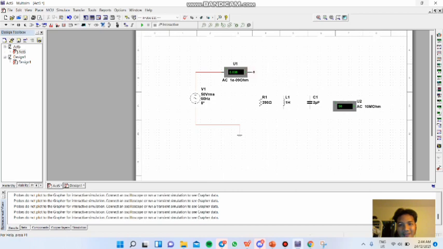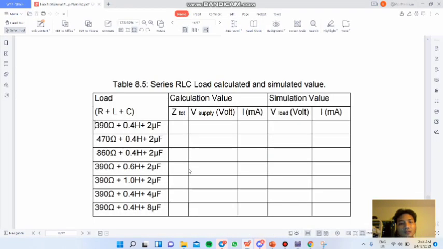It is the same: the ammeter should be connected in series, while the voltmeter is in parallel. So this is 390 ohm, 102 microfarad impedance.